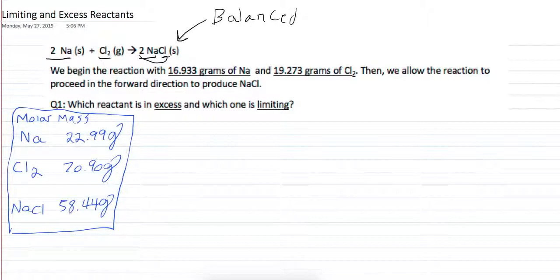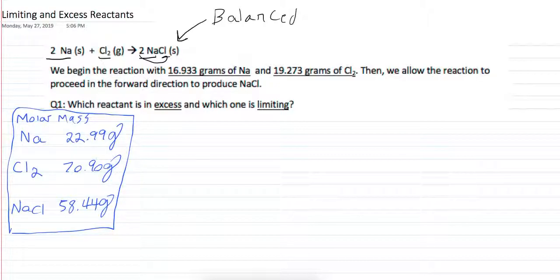Now the question is asking us which reactant is in excess and which one is limiting. In order to figure that out, we're going to have to do two separate equations. Now there are two different ways you can solve this problem, but I only teach one, and that's the product method. I think it's faster, it's easier, and it gives you more useful information. I recommend finding whichever method works for you and sticking with it.